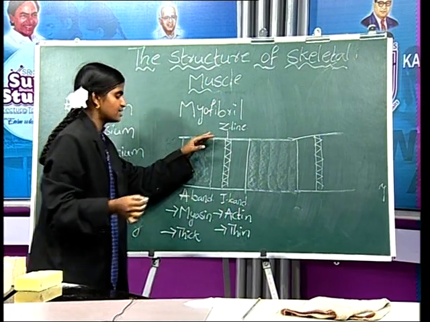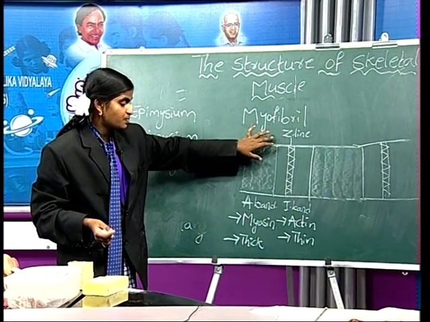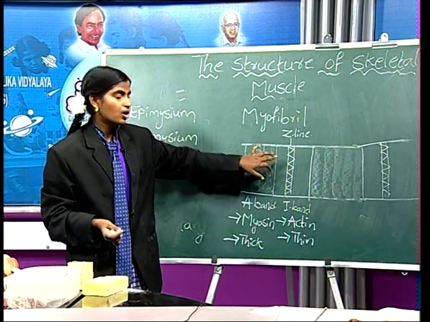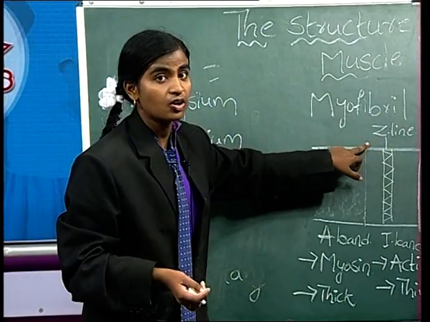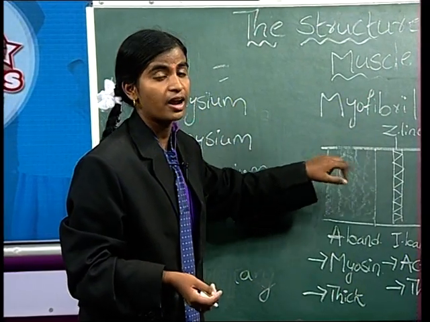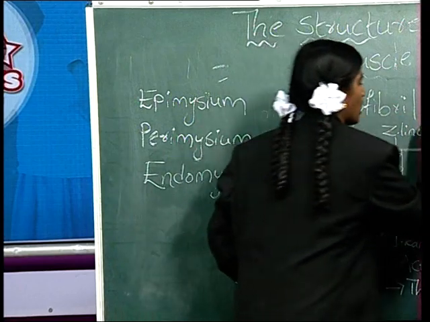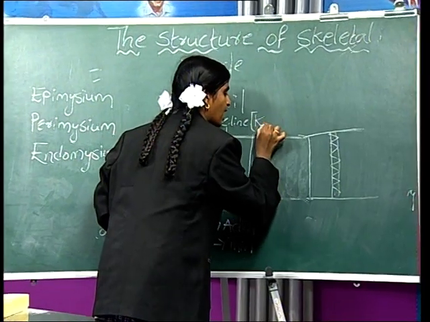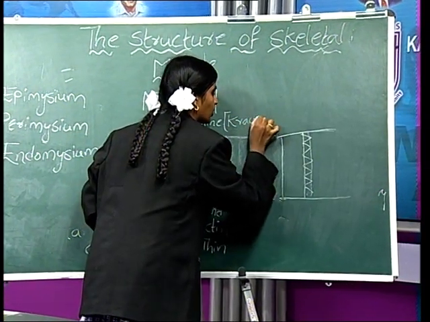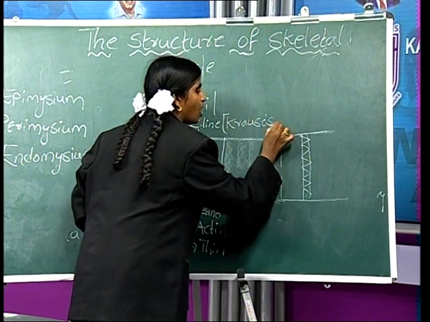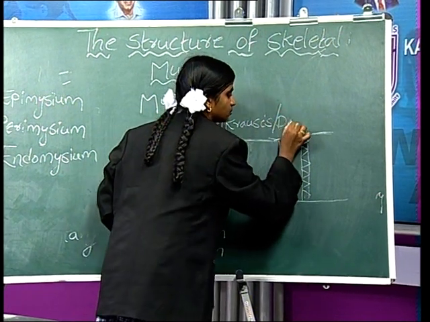This Z line is a thin filament present in the I band. The Z line is also called Krause's membrane or Dobie's line.